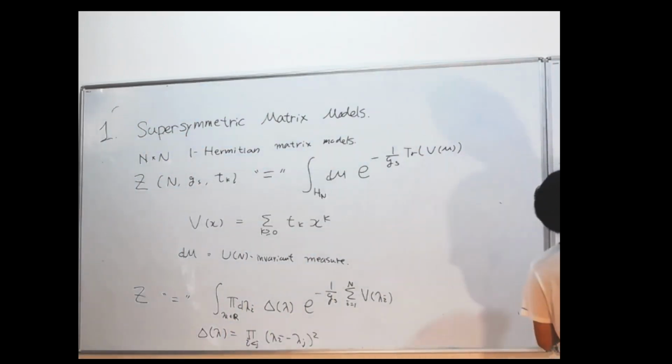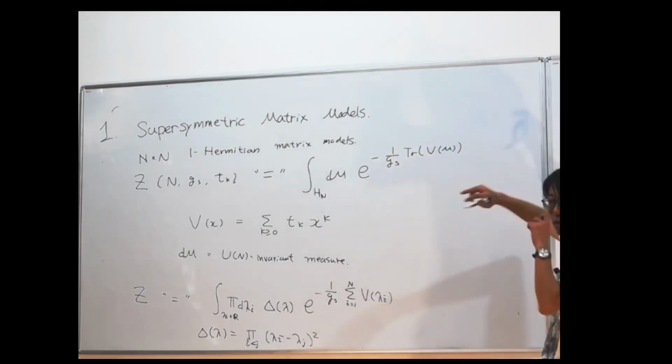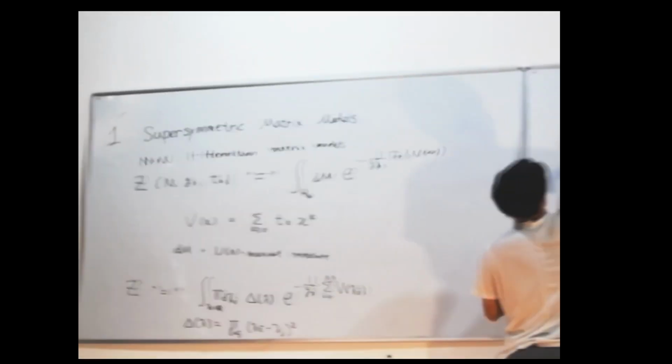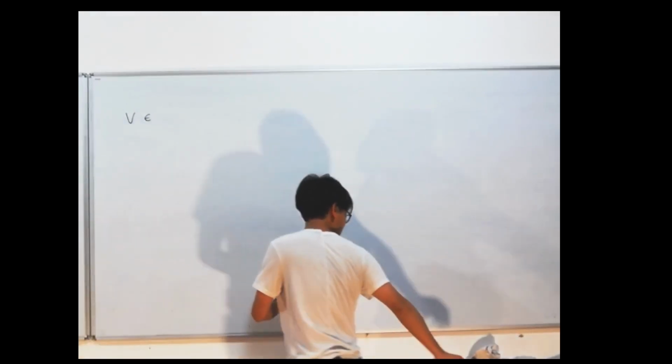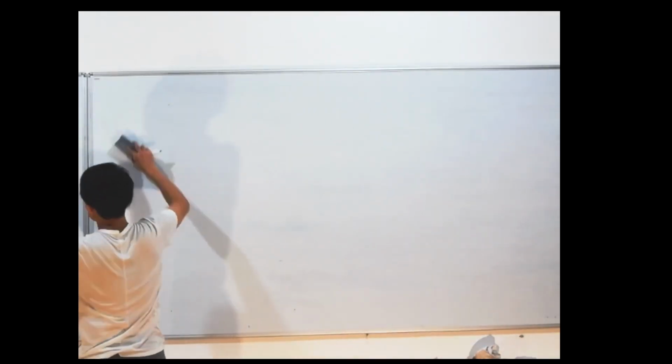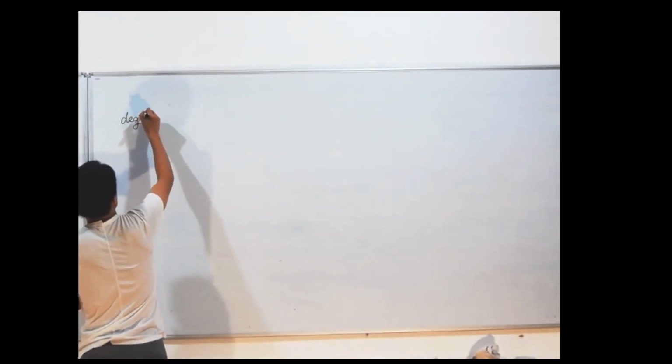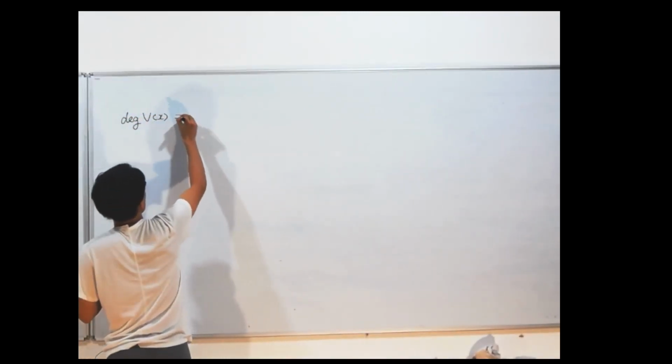So now what you can do is, suppose you fix the degree of V, meaning that, let's say this is in fact now a polynomial. Let's say we fix this V to be of degree D. And then now you can make a wish that this may converge, given that the real part of the highest degree part of this potential, in the entire thing, if it's negative, then it dampens fast enough, and you make a wish that this is going to be convergent.